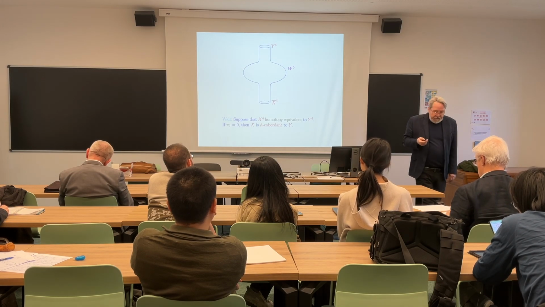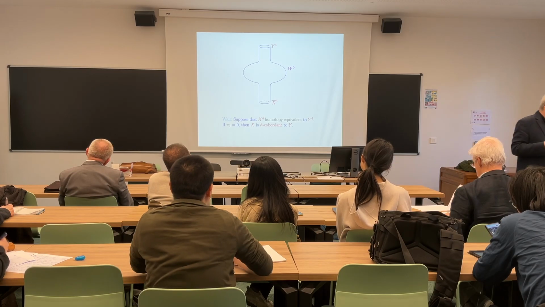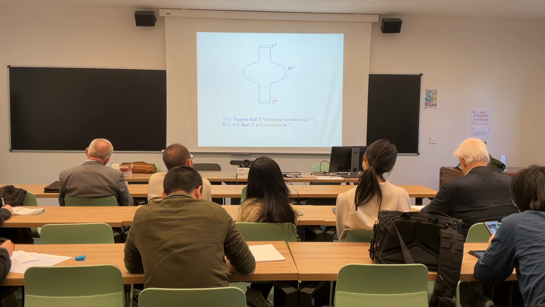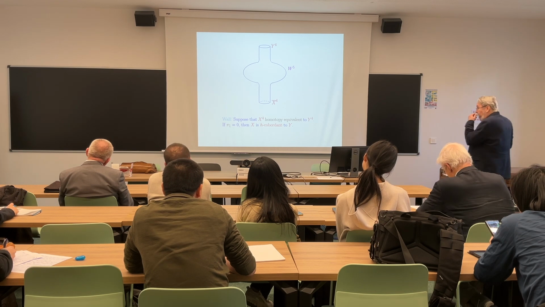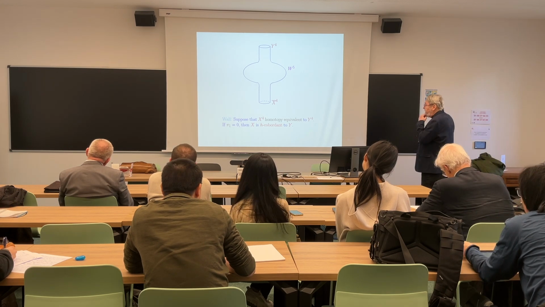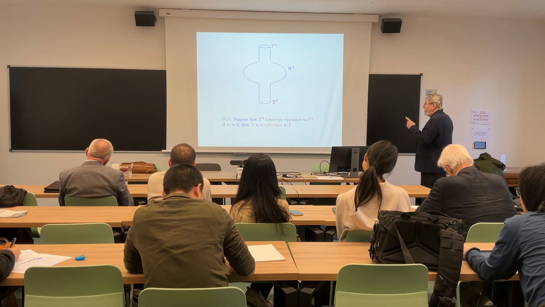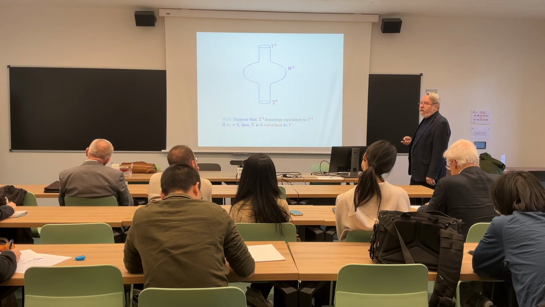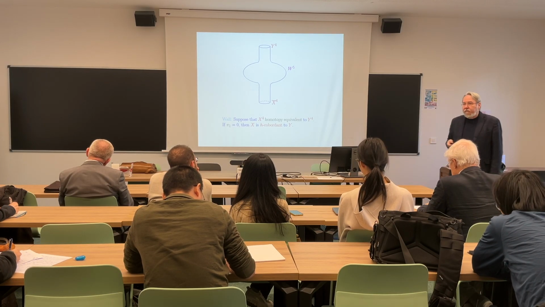On the other hand, there's a very interesting theorem in dimension 4 proved by C.T.C. Wall, Terry Wall. His theorem is that if you have two four-manifolds that are homotopy equivalent, and if they're simply connected, then in fact they're h-cobordant.